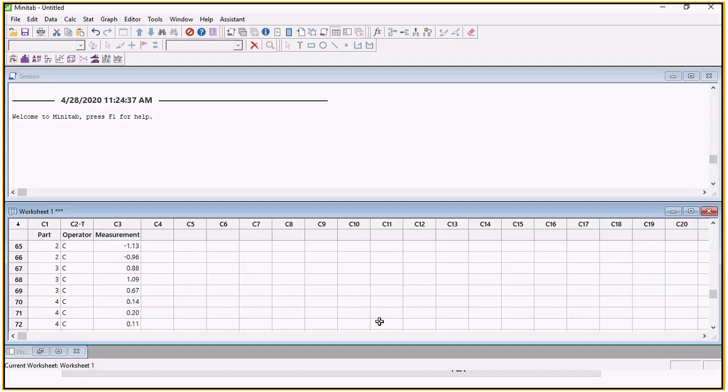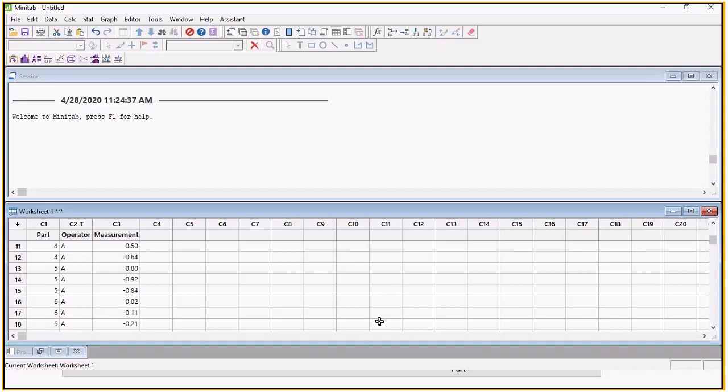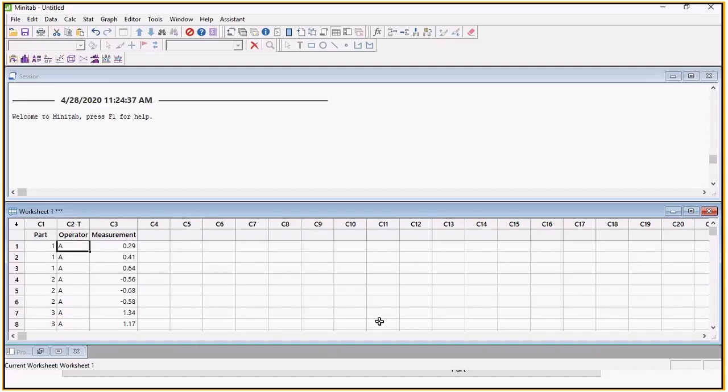So there are three operators A, B, C, and they are checking every sample, and they are checking 3 times. Obviously, if all the operators are checking all the samples, we have to use the crossed gauge R&R. So it means operator A has checked the first sample and this is the measurement.